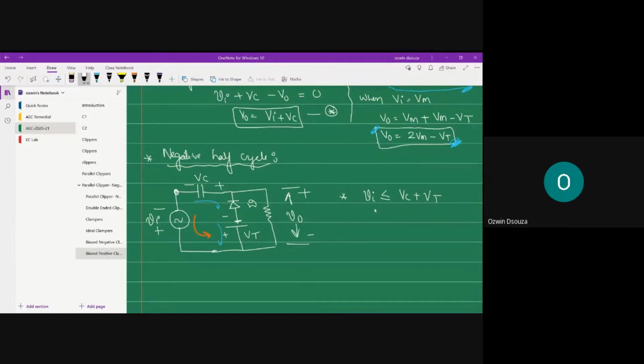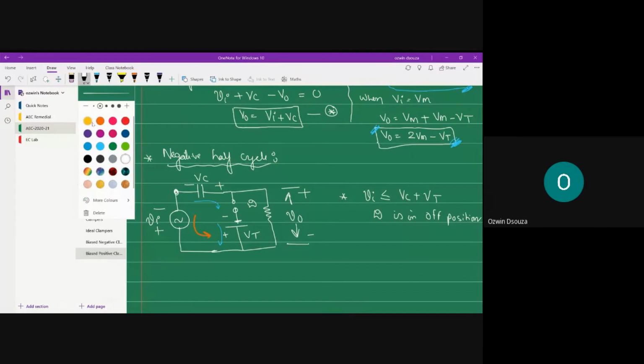As long as your input is less than or equal to Vc plus Vt, diode D is in off position. So you can open up the diode terminals, and you can apply the KVL.